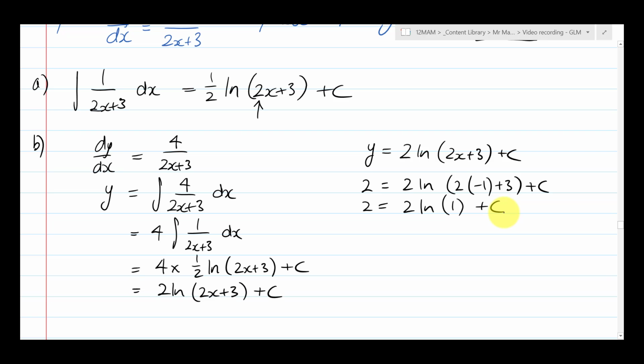So e to the power of what equals 1, or the log of 1, hopefully you remember that that is 0. So 2 equals 2 times 0 plus c, which means that c is equal to 2, and therefore y is equal to 2 natural log 2x plus 3 plus 2. And there's my answer to question B.